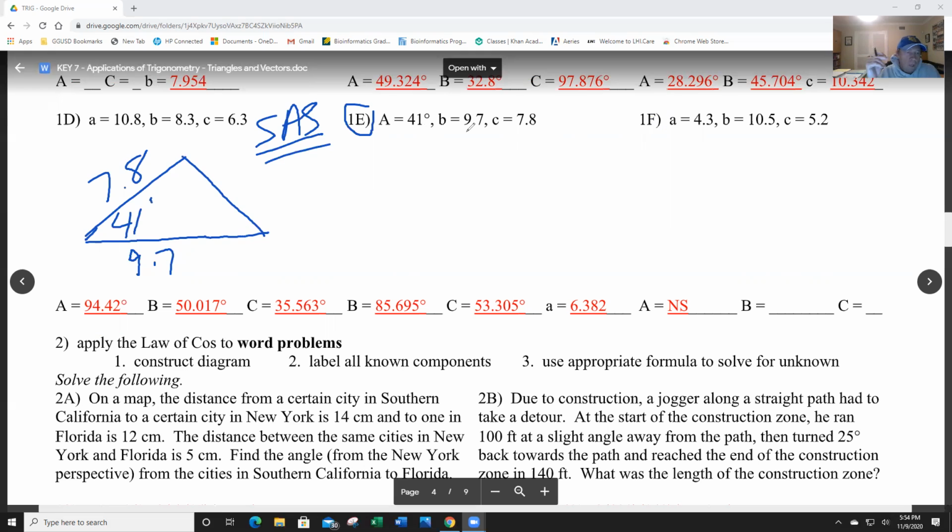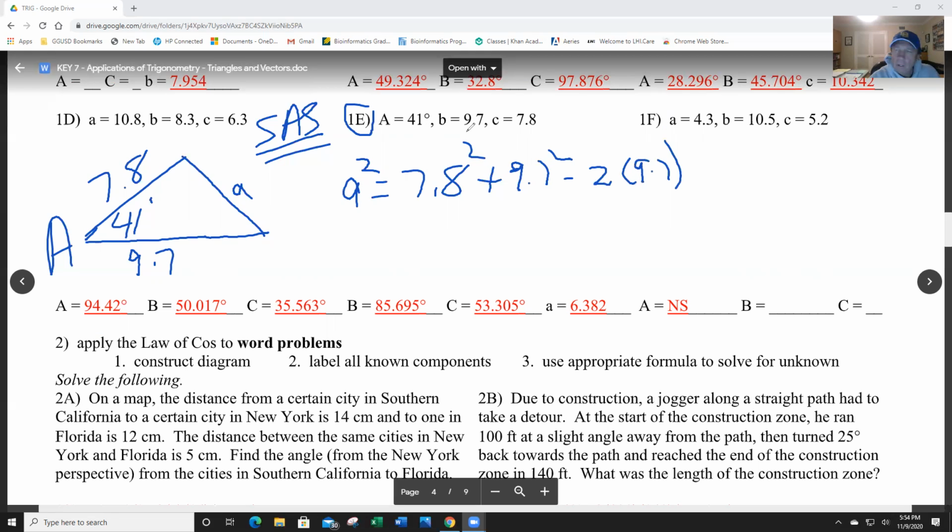All right, so what I'm going to do, of course, is this is angle A, so I'm going to solve for side A. So A squared equals 7.8 squared plus 9.7 squared minus 2 times 9.7 times 7.8 cosine 41 degrees.